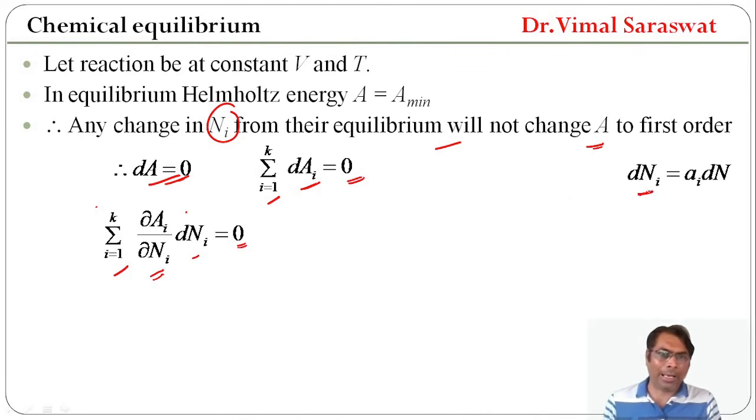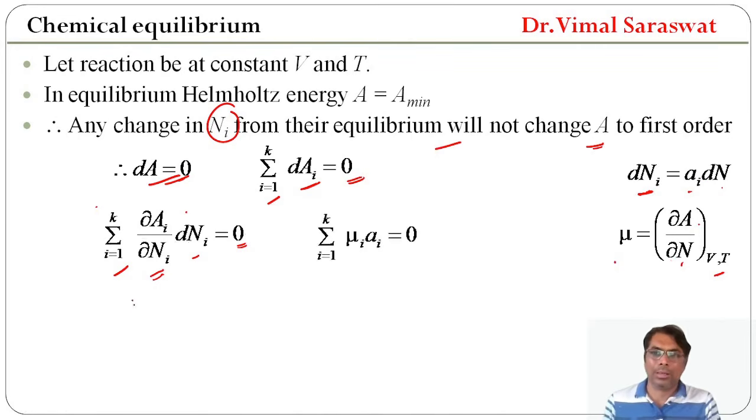Here dNi equal to ai dN and mu equal to del A upon del N at V, T. So del Ai upon del Ni will be mu i and this will be ai dN.